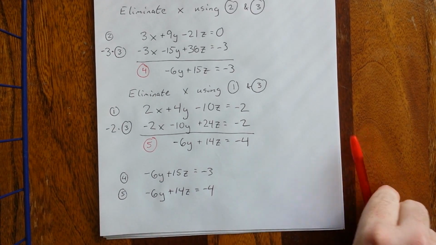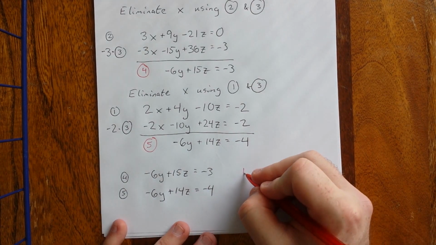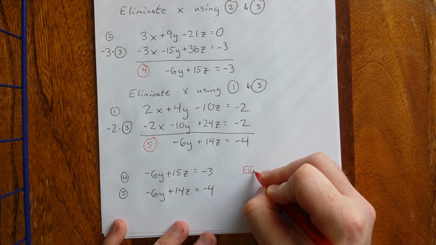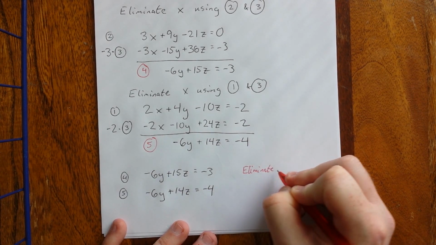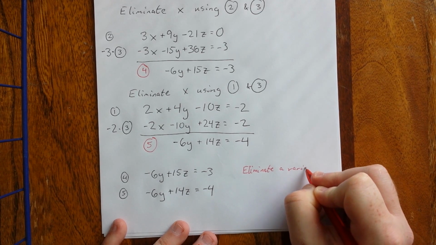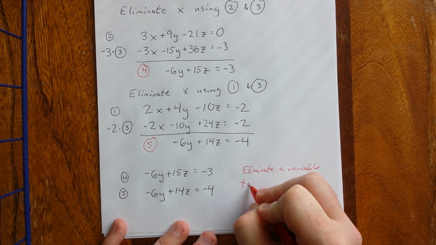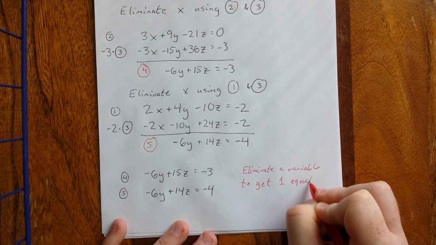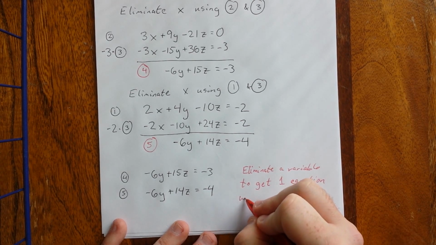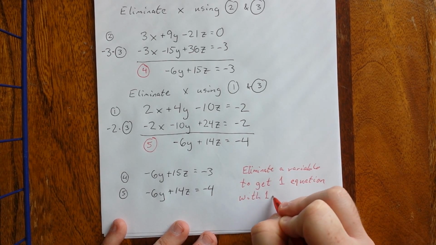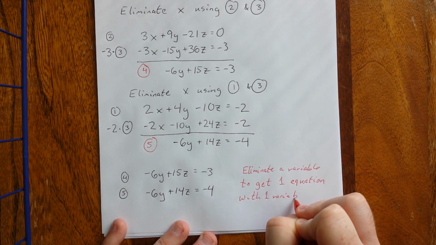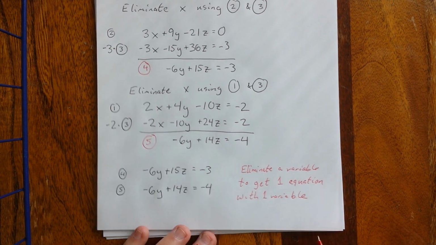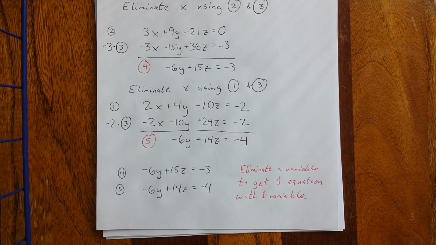So now that we're down to two equations with two variables, we are going to eliminate again, eliminate a variable to get one equation with one variable. That's kind of the purpose of elimination, is to get rid of one of the variables and reduce it down to something a little bit easier.